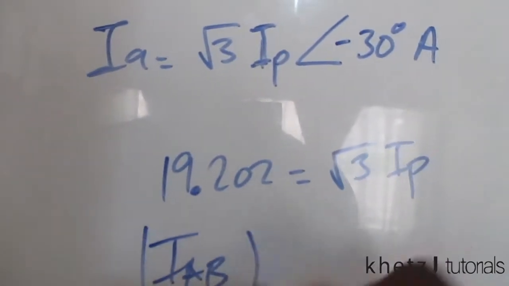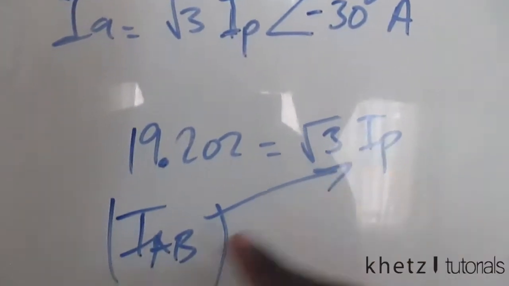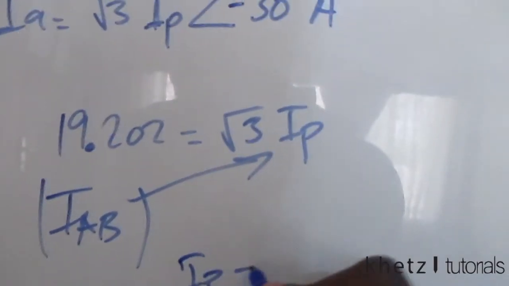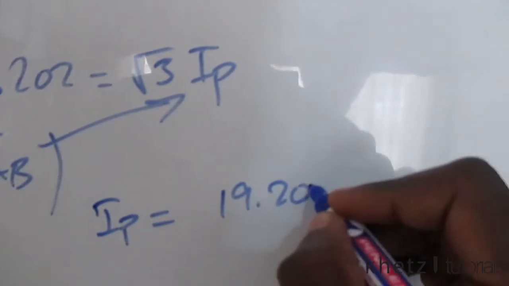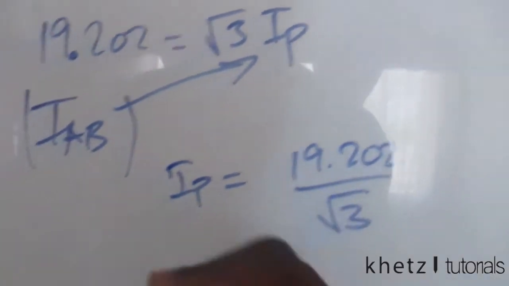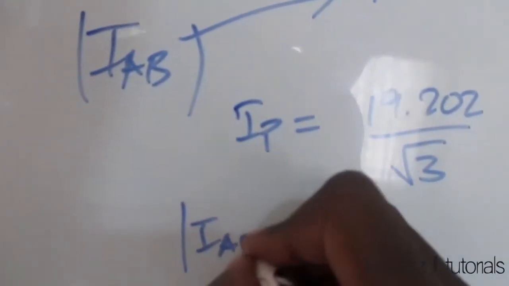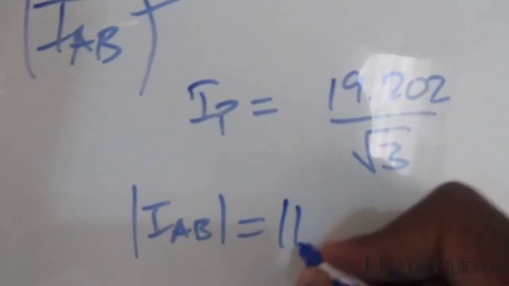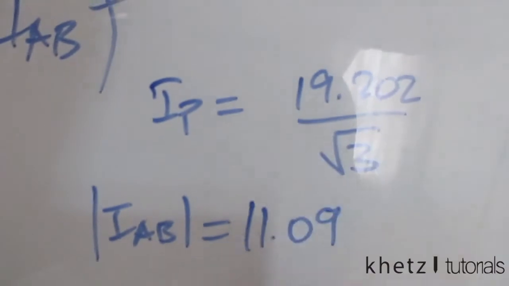So we can find IP by saying 19.2 divided by square root of 3, which will be the magnitude of IAB, and the value of that magnitude will be 11.09.